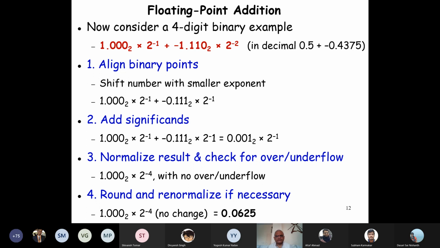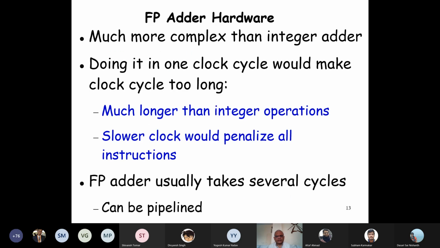Align the binary point, shift the one with the lower exponent, perform the addition of the significands, and then normalize the result, and then round and re-normalize. And those are the steps we need to represent in the hardware implementation of the floating point adder.